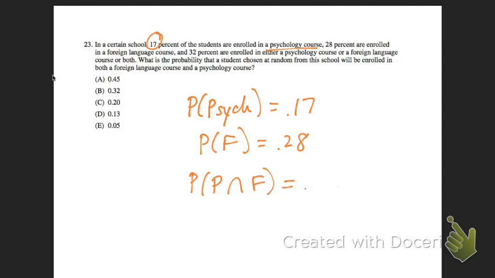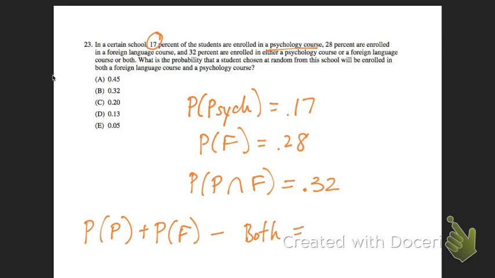So you're just using the formula: probability of psych plus probability of foreign language minus both equals either-or, which is the 'or'. So you could say minus 'and' if that helps. What's the probability that I'm trying to find? The 'and'.